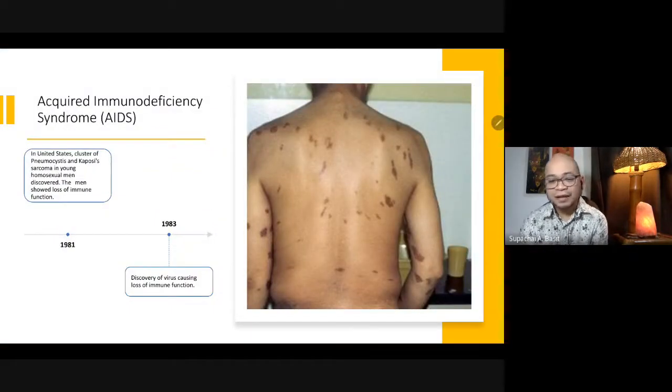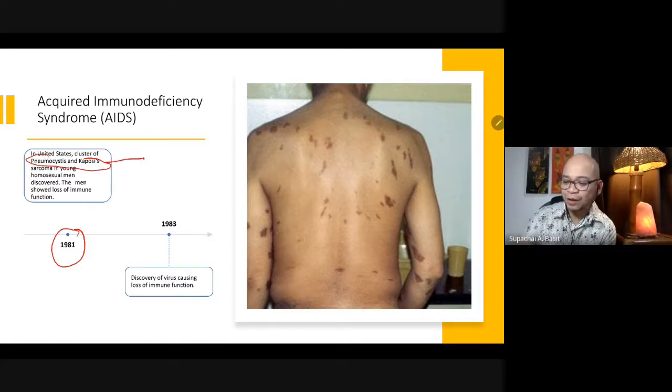In the United States, they discovered that in 1981, there was a cluster of young homosexual men who developed pneumocystis and Kaposi sarcoma. These two are rare, and are only associated with a depressed immune system.